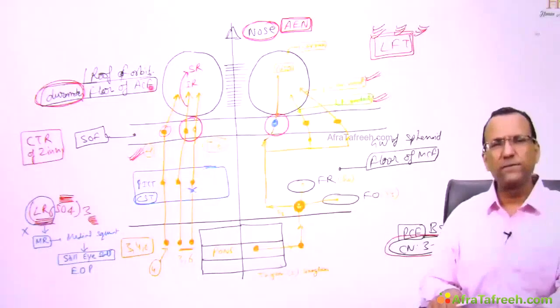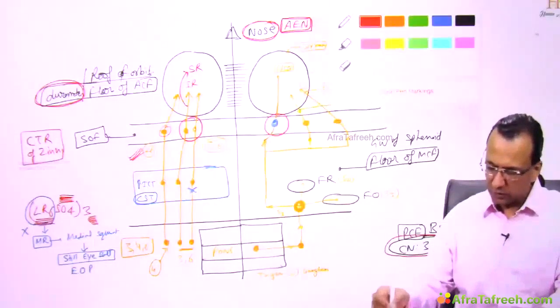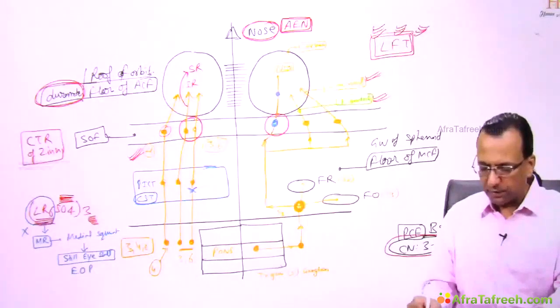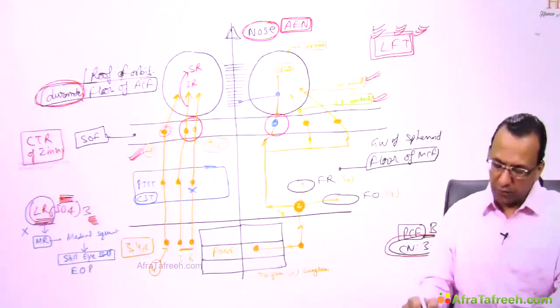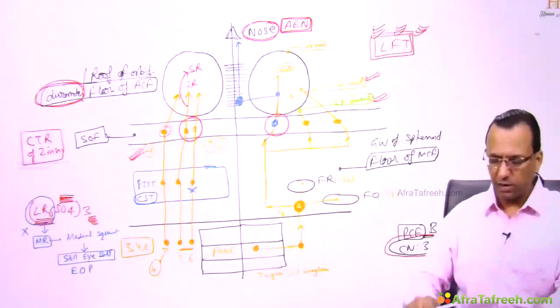Where did it come from? Let us see. It is actually a branch of the nasociliary nerve, given in the orbit, and coming out of the orbit to enter the floor of the anterior cranial fossa and then go to supply the nose. What is the course of the anterior ethmoidal nerve?